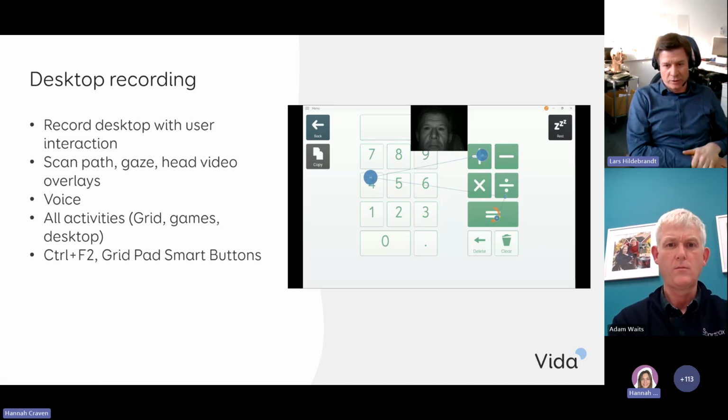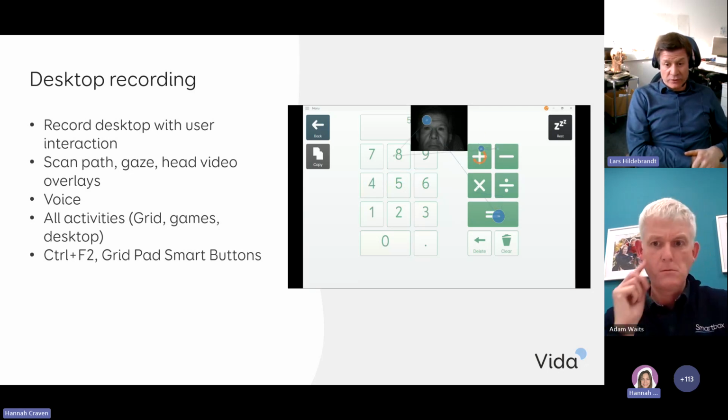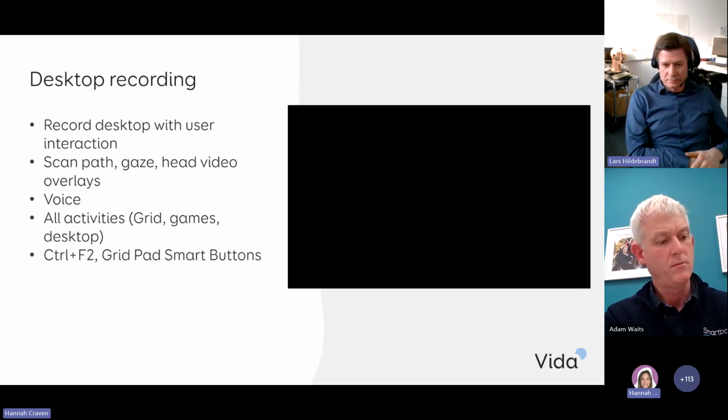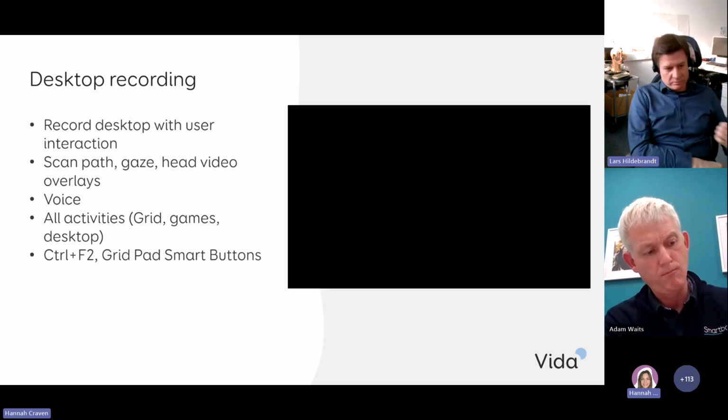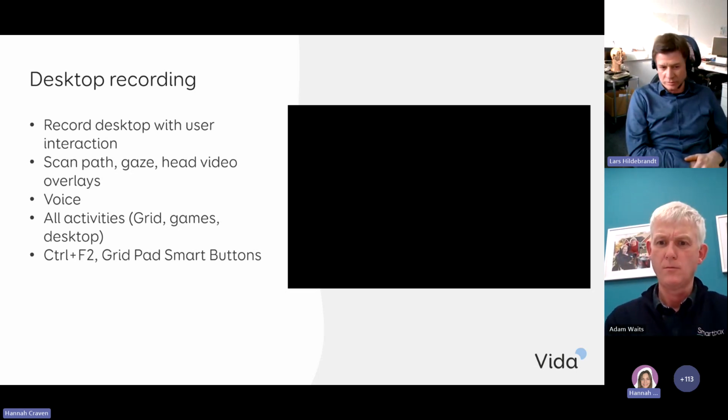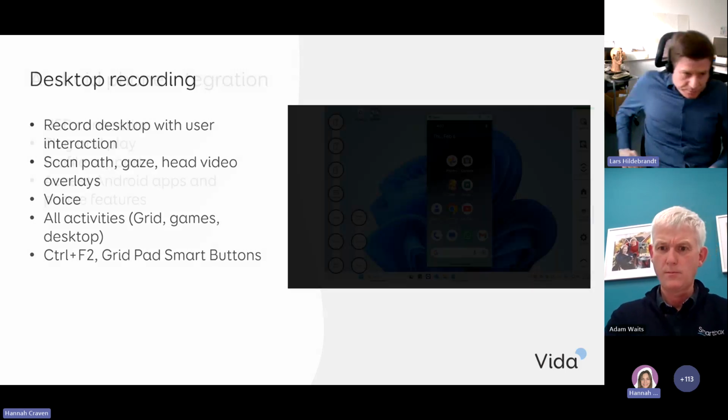The blue dots connected with lines are the gaze response of the user, and everything else is what Grid does, the cell clicking. This can be used in any application of Windows, games, spreadsheet, Grid, whatever. So it's a tool to analyze and understand what the user can do. And yeah, next slide, please.